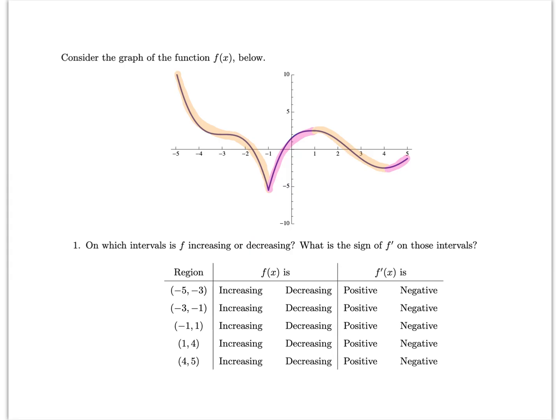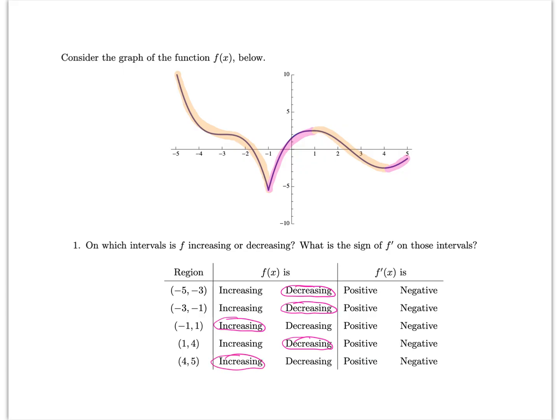That graph is decreasing. And then -3 to -1, still decreasing. And then -1 to 1, that is my pink region, so that's increasing. 1 to 4, decreasing. And 4 to 5, increasing.